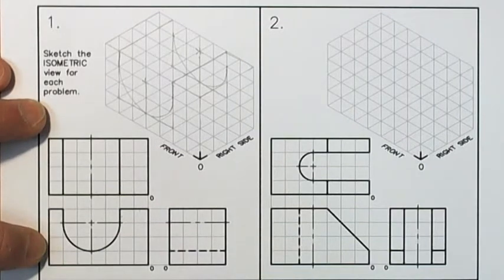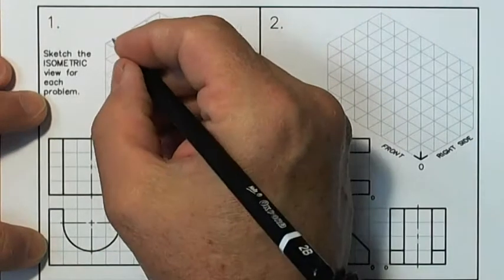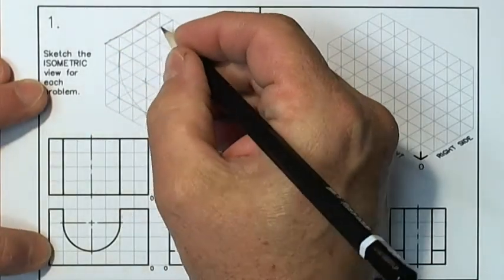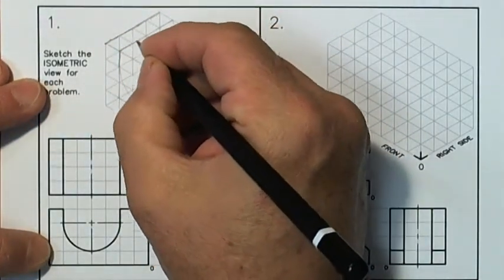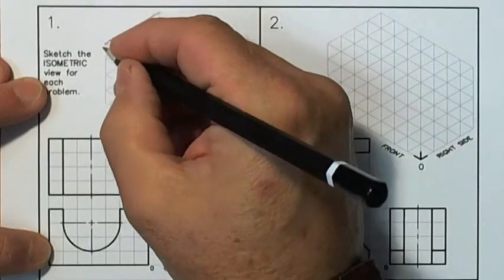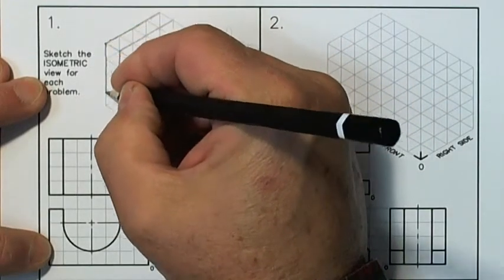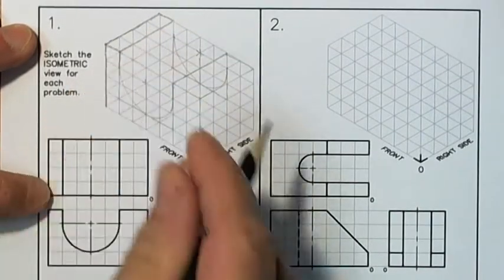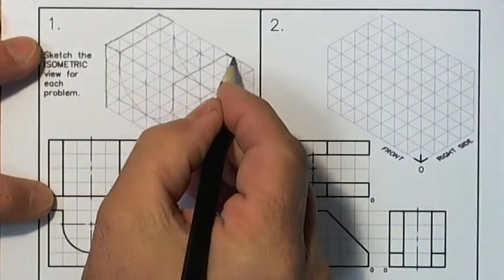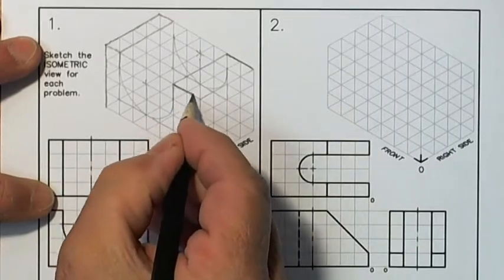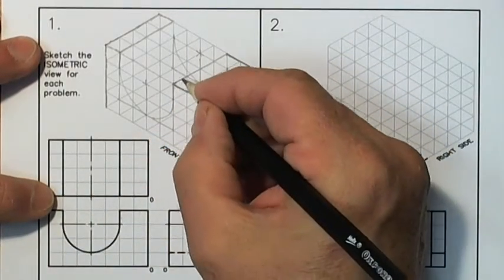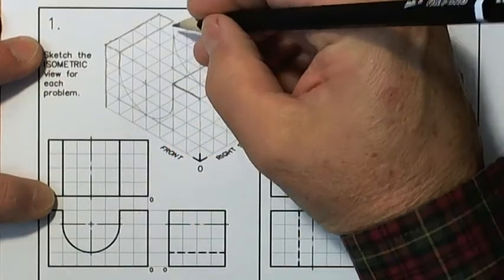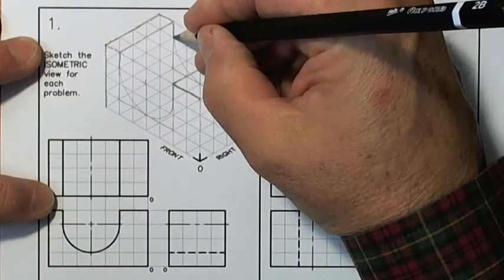Then I will take my darker pencil, and I'll go ahead and include my visible lines. Straight to here.